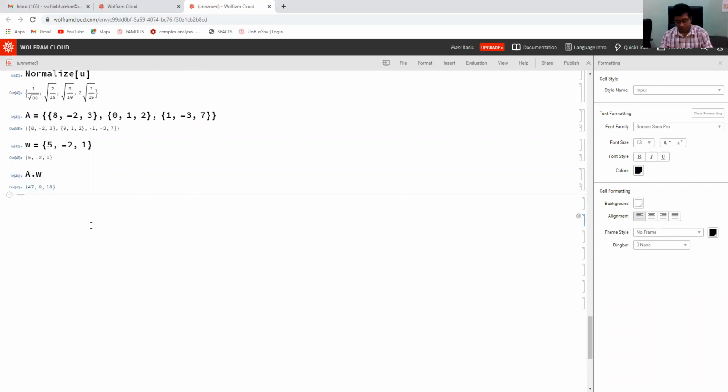We can find the determinant of a matrix, eigenvalues, eigenvectors, inverse, and so on. So many matrix operations are there, and commands are again user friendly. To find the determinant, the command is Det.